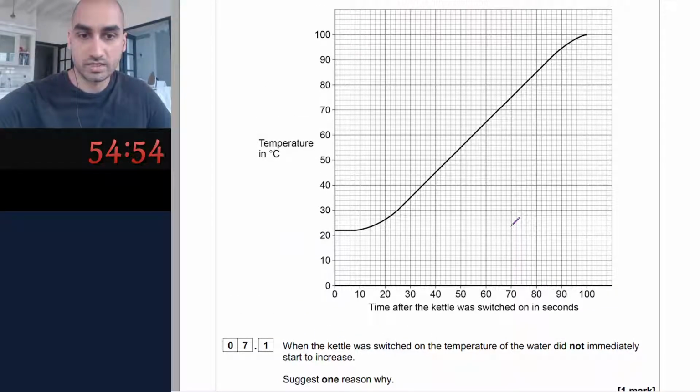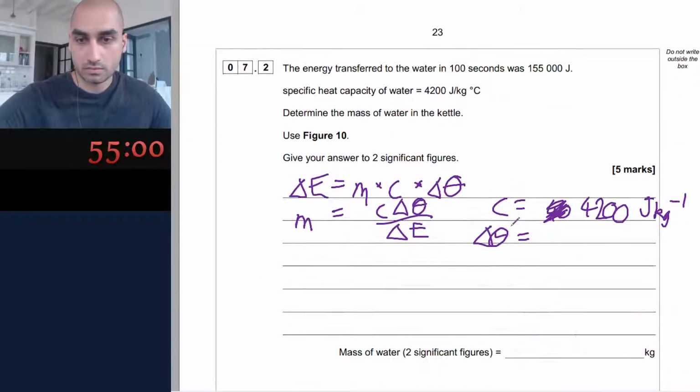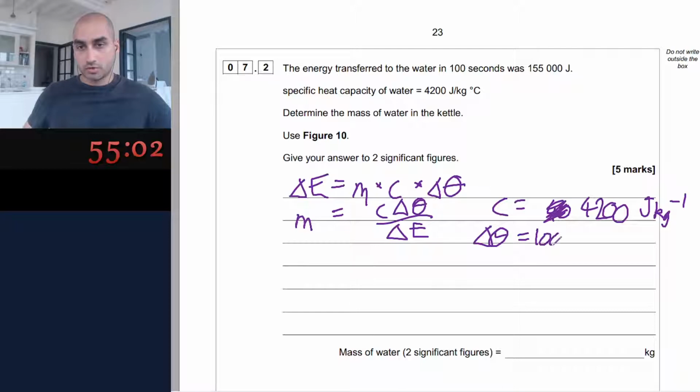so we go from 22 to 100. 100 minus 22 equals 78 degrees. 78. You're supposed to use Kelvin, aren't you? Not that it matters.